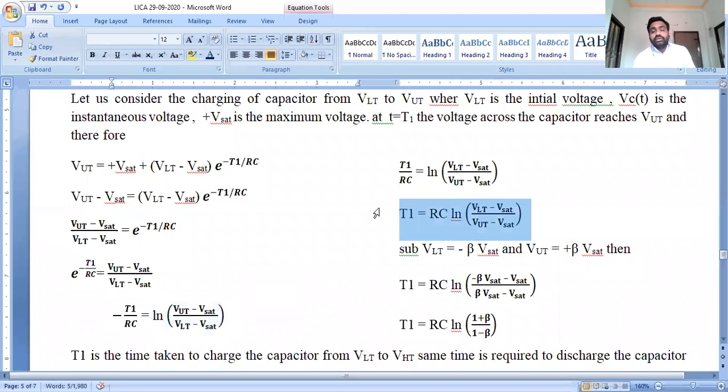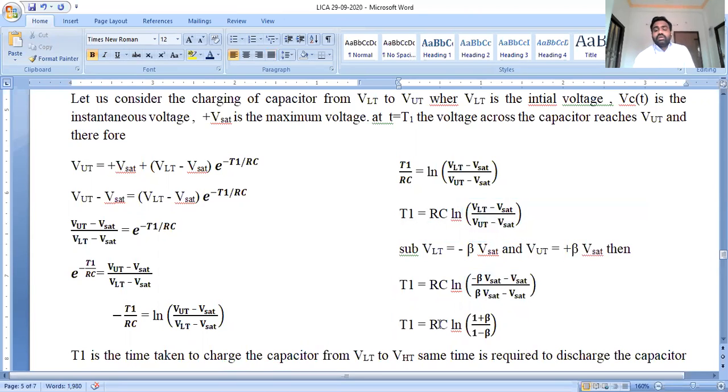In order to eliminate the negative sign, we take the reciprocal, switching the numerator and denominator. So the time period where the capacitor charges is T1, equal to RC times the logarithm of (lower threshold voltage minus saturation) divided by (upper threshold voltage minus saturation). That means we calculated the value of T1.